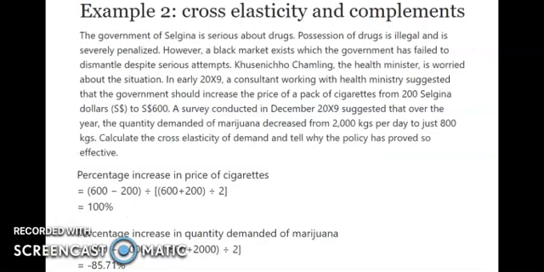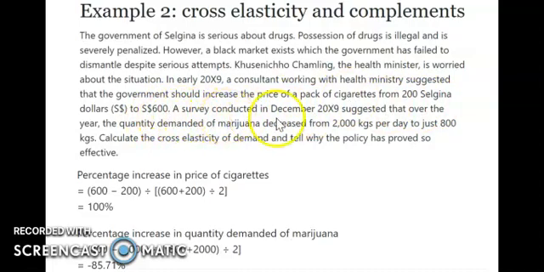Let's look at this example. The government is serious about drugs. Possession of drugs is illegal. However, a black market exists. So in early 2009, the ministry suggested the government should increase the price of a pack of cigarettes from, let's say, 200 dollars to 600 dollars.